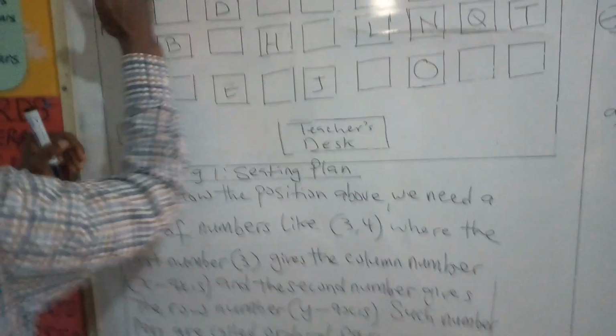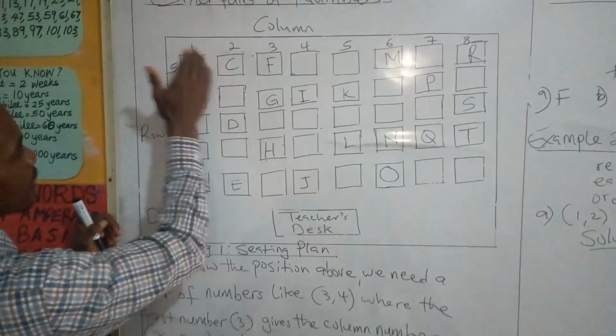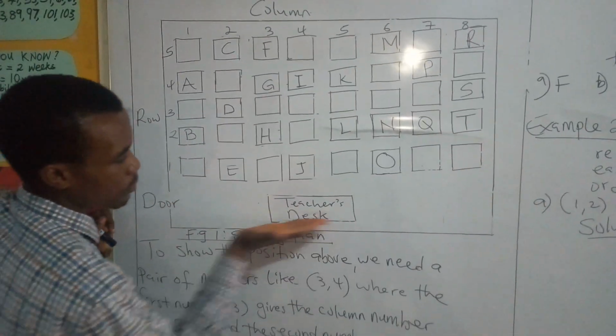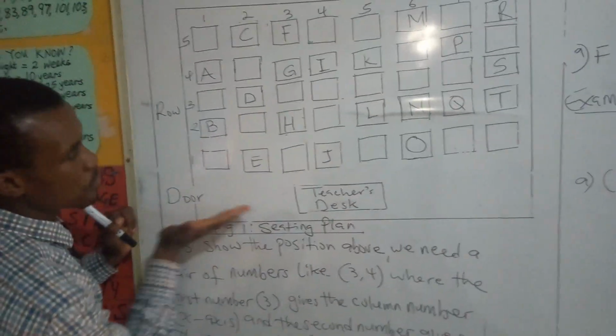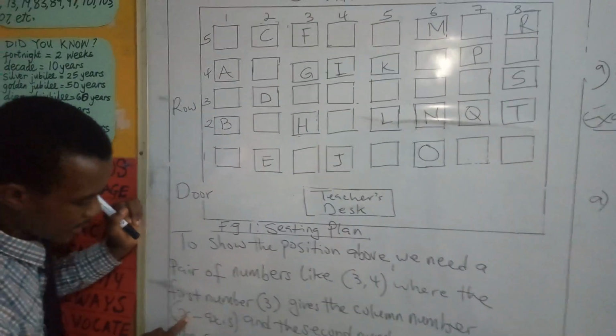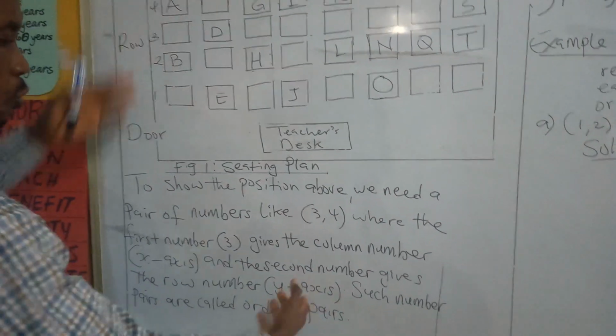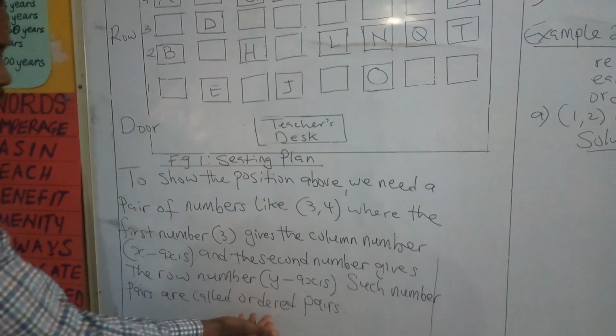Can you see it? Can you see the rows? 1, 2, 3, 4, 5 resting on this line. But the columns are resting on this line. So this one for the column is called x axis. The one for the row is then y axis. So when we combine them, we have the name called ordered pairs.